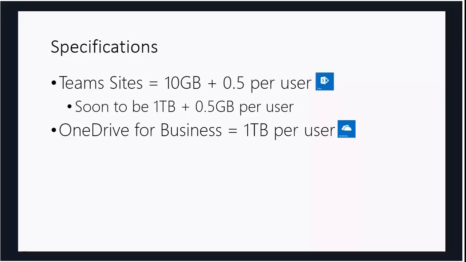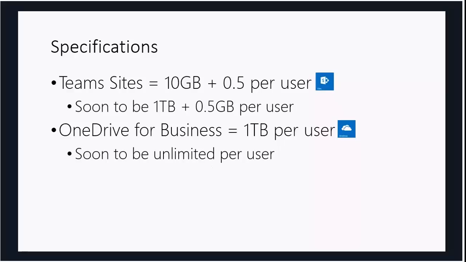So rather than storing it on their C drive, the idea is that they put it into their OneDrive and make it available wherever they are. You'll also notice that there are a number of dedicated apps on devices that allow you to quickly and easily access that information no matter where you are. Now, as with team sites, the team sites are scaling up from 10 gig to 1 terabyte.